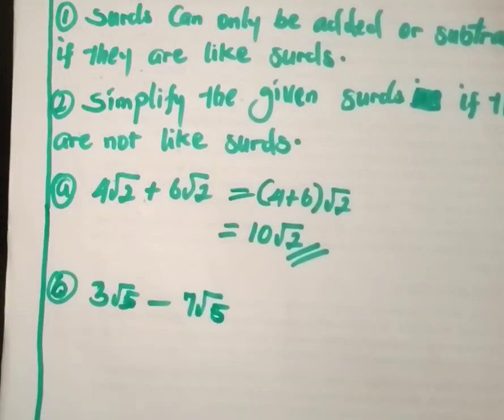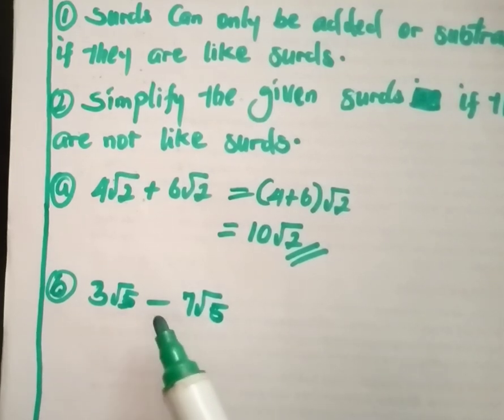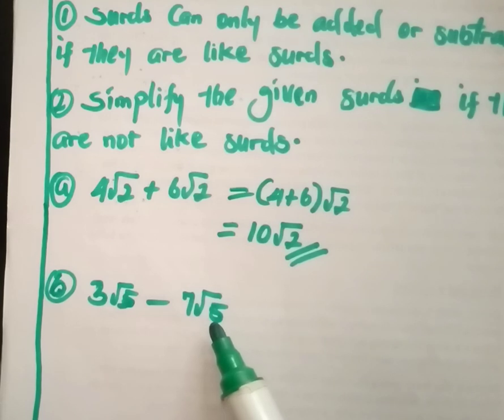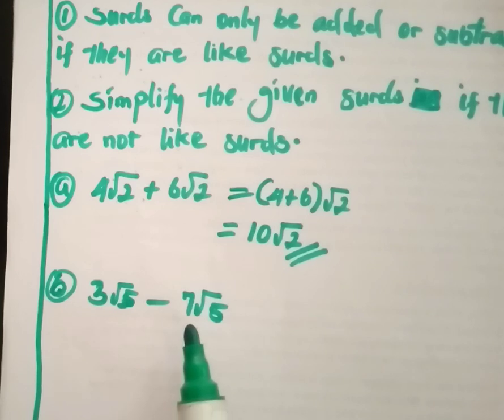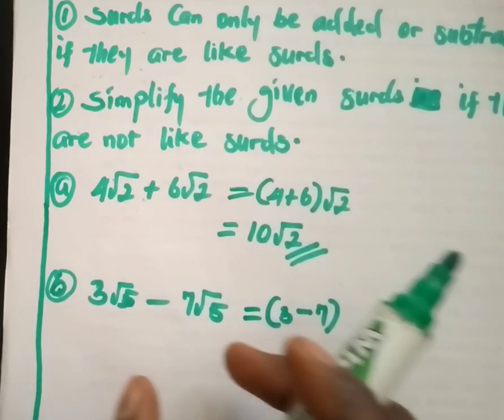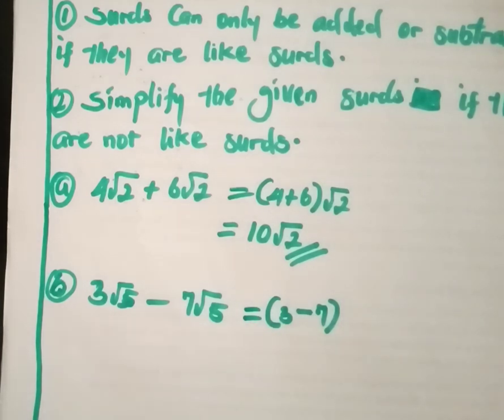So our second example says we should simplify 3 root 5 minus 7 root 5. You can see that we have 5 under the square root this side and this side. So all we have to do is subtract 7 from 3, which will give you negative 4.